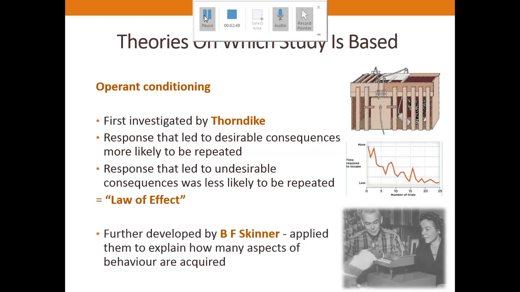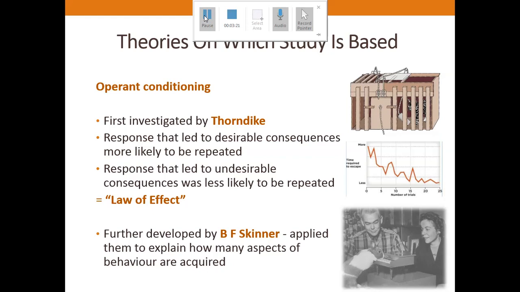So operant conditioning was first investigated by somebody called Thorndike, who found that any response that led to a desirable consequence was more likely to be repeated, whereas if it led to an undesirable consequence, it was less likely to be repeated. So this idea then became known as the law of effect. So if it's got a positive outcome, you'll repeat it. If it's got a negative or a less desirable, undesirable consequence, then it's less likely to be repeated.